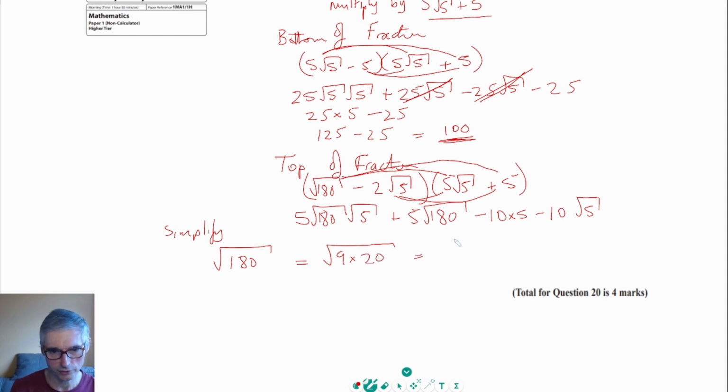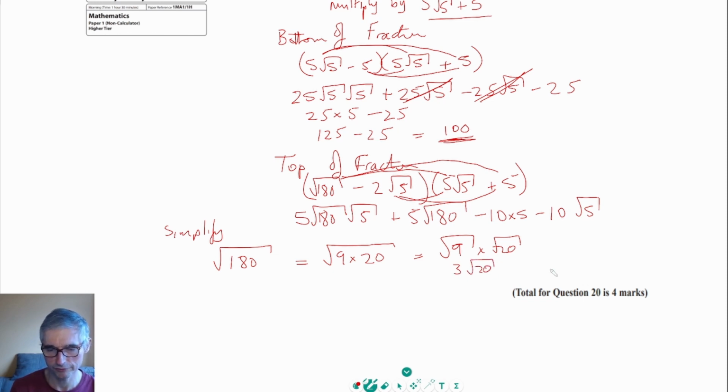And in fact, I can separate that there, so it becomes root 9 times root 20. And root 9 is just 3, so that's 3 root 20.